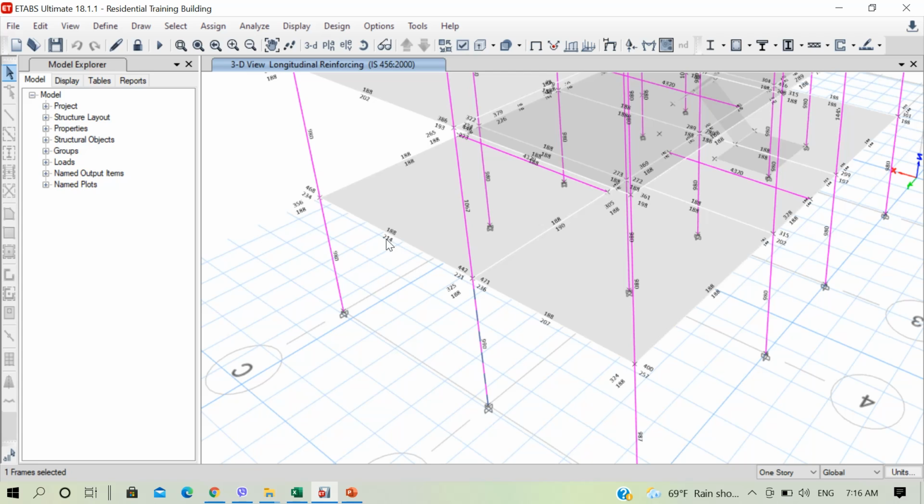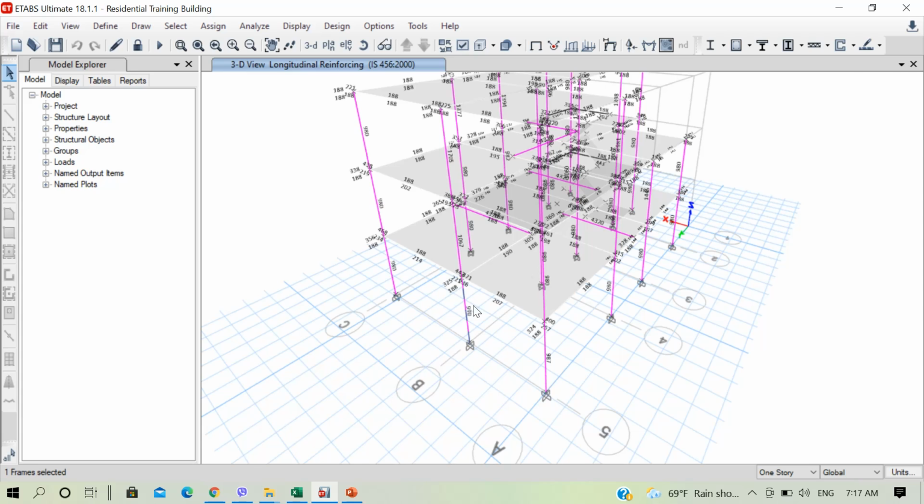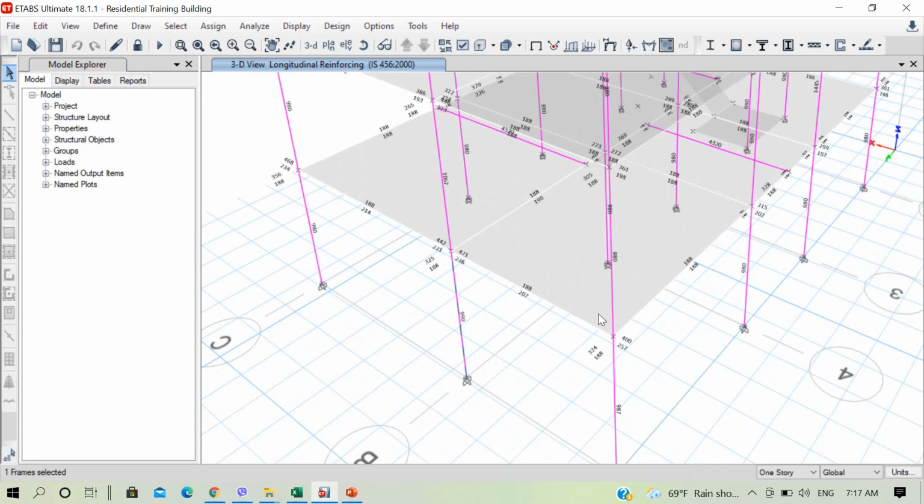there are 3 beams being inserted into these columns. There are 2 beams in the x direction, this beam here and this beam here, and there is 1 beam in the y direction, this beam here. So for this sample column, at its one joint, there are 3 beams being inserted into these columns, 2 in the x direction and 1 in the y direction.